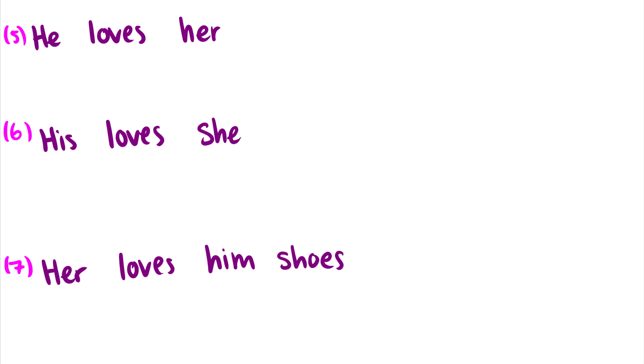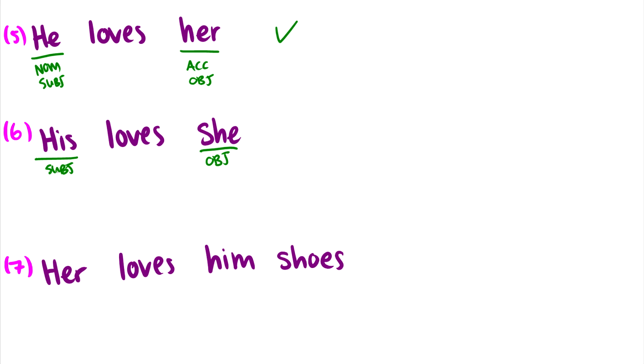Okay, let's just do some example exercises to see what goes wrong in these sentences. So he loves her. This is good, right? Yeah, so we have a nominative subject, and that's okay. And then we have an accusative object, and that's okay. So this is grammatical. What about his loves she? Oh, this is bad, right? His loves she. No, we don't like this. This is really bad English. Why? Okay, so this is a subject, and this is the object.